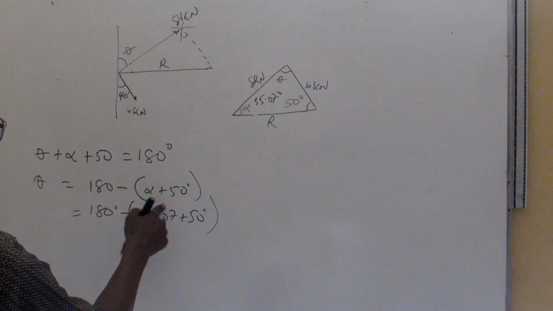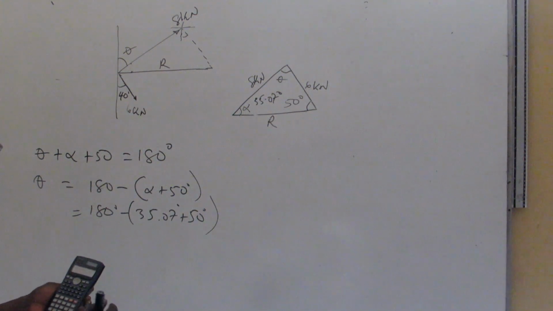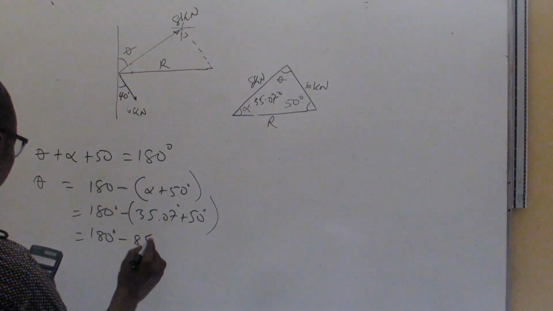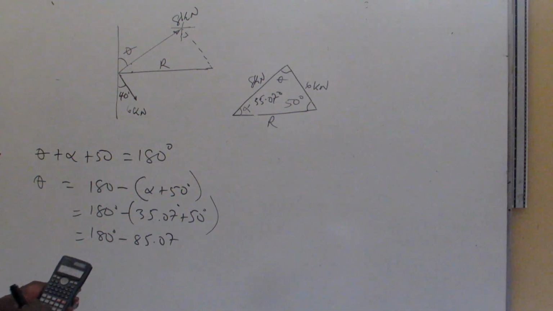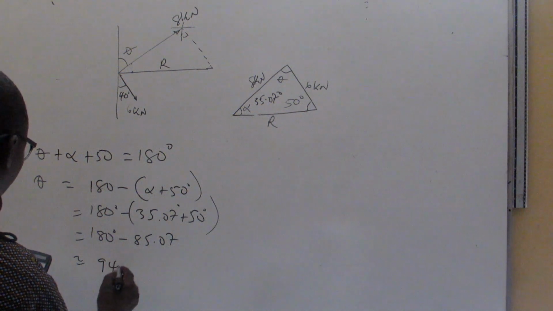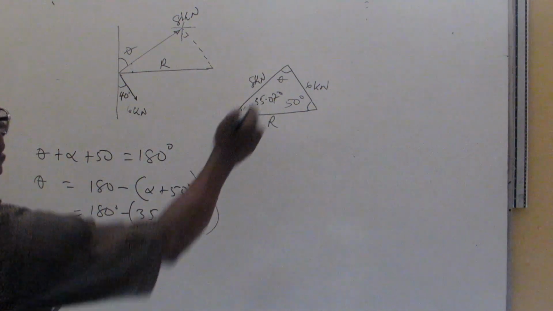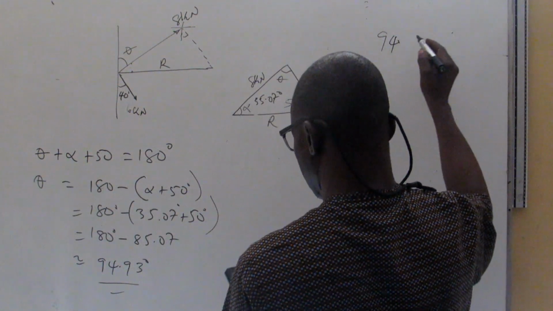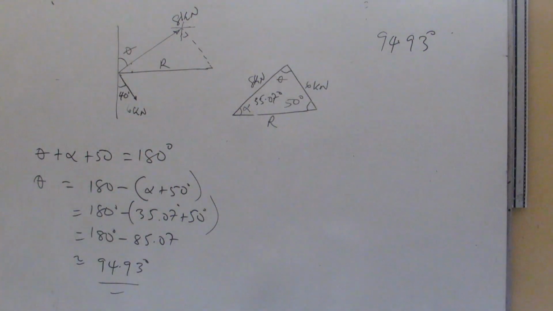We add them, and 35.07 plus 50 is 85.07. So 180 degrees minus 85.07 is approximately 94.93 degrees. This angle theta is 94.93 degrees.